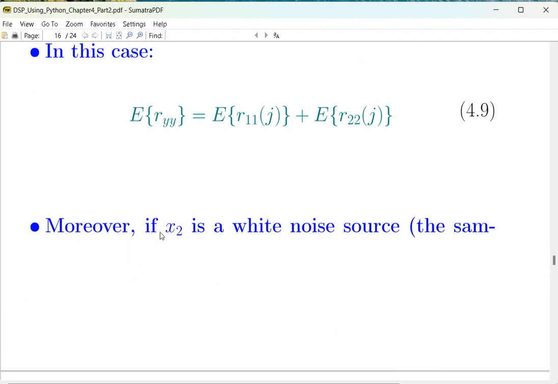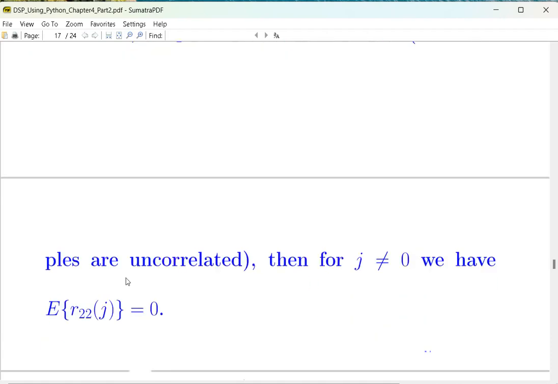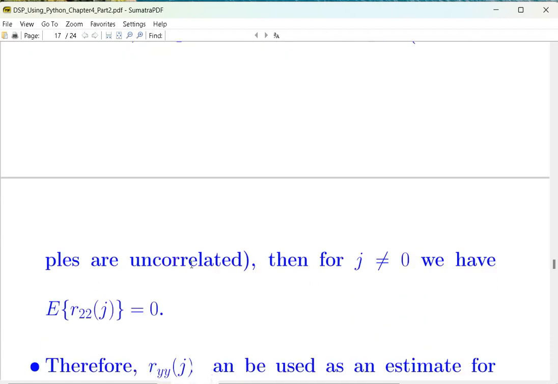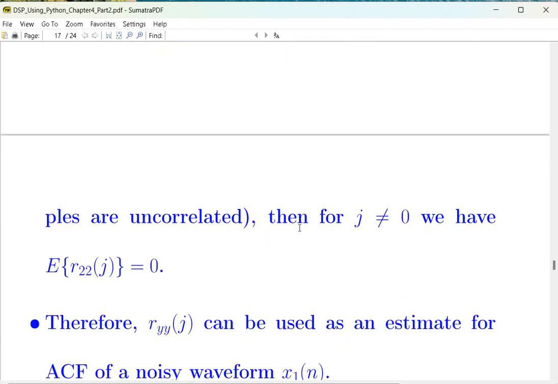Moreover, if x2 is a white noise source, the samples are uncorrelated, as we know, then for j not equal to 0, we have the expected value of r double 2 of j being equal to 0. It means the noise samples are uncorrelated to each other for a lag greater than 0. That's the fact.